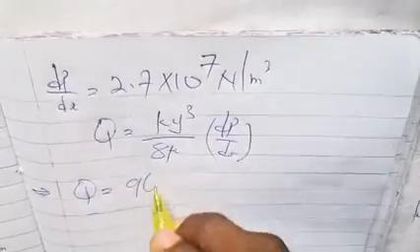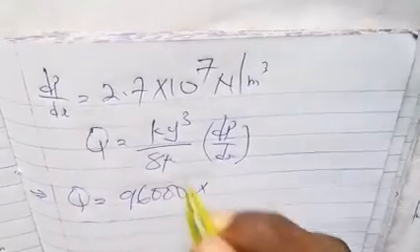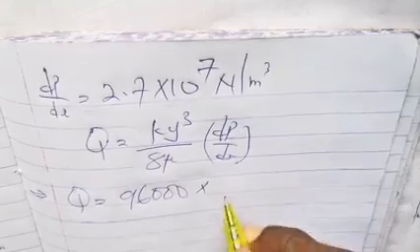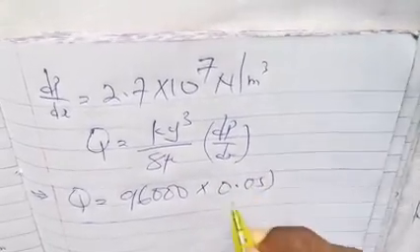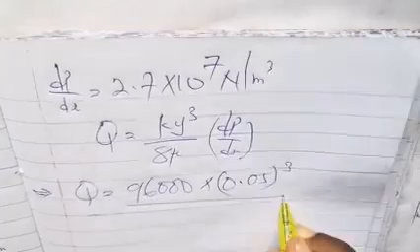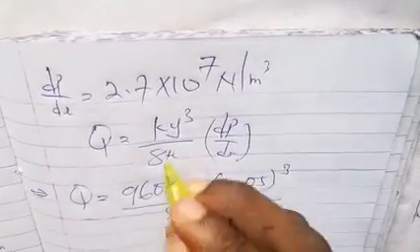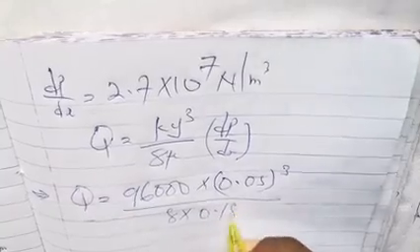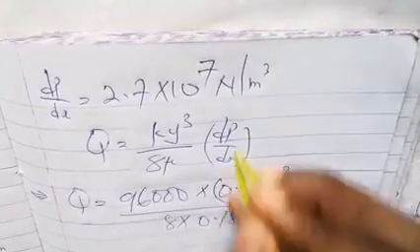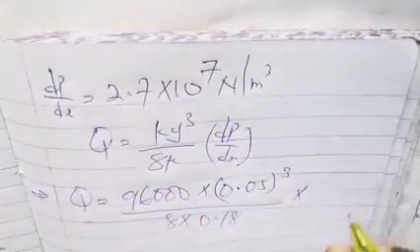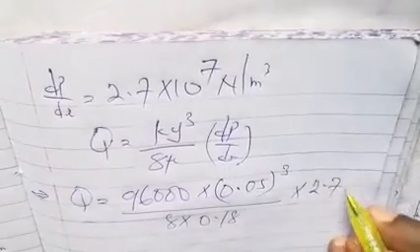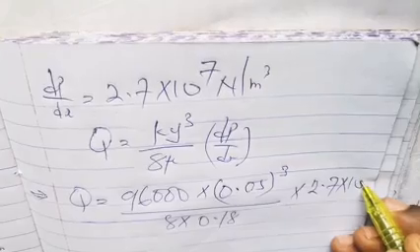So we have 96,000 multiplied by y, our thickness, which is 0.05 to the power of 3, all over 8 multiplied by the dynamic viscosity, which gave us 0.18. The whole of this multiplies the pressure gradient, which we obtained here as 2.7 by 10 to the power of 7.